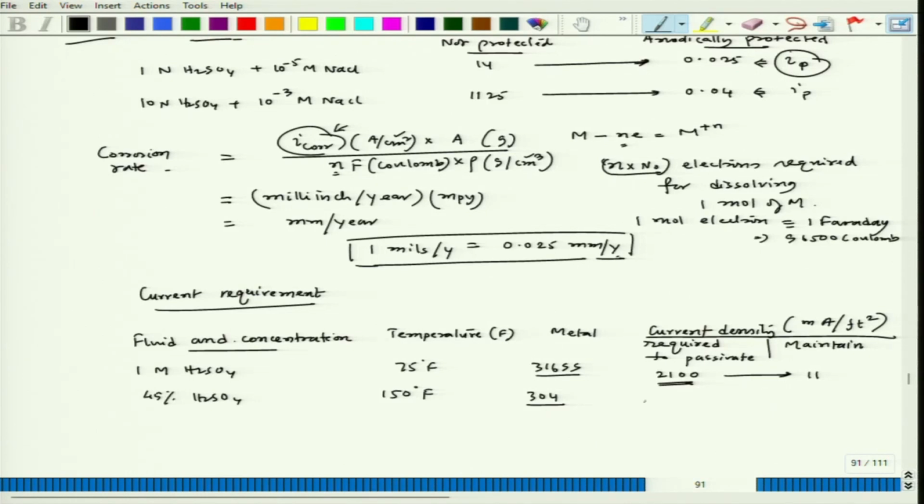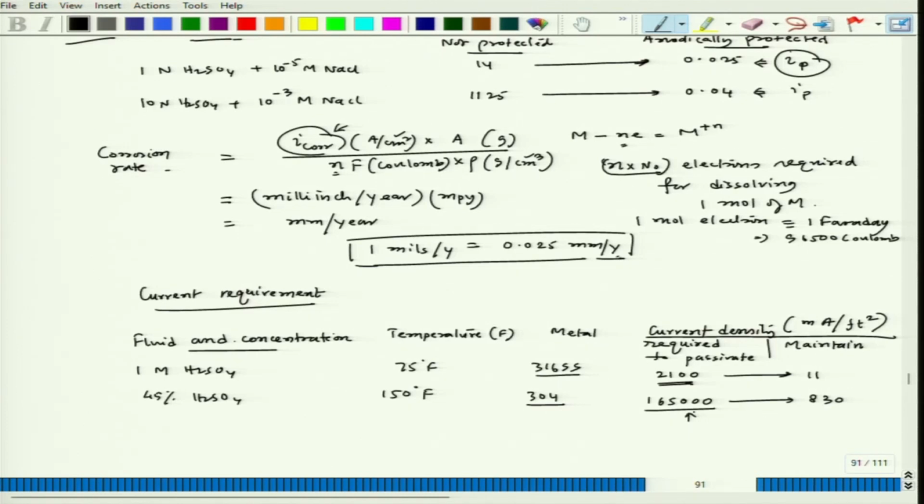That time the maximum current that will be needed for passivation is 165,000 milliampere per feet square. It's a huge amount of current. Now, once it reaches E protection, that value goes to 830, which is very low compared to this.